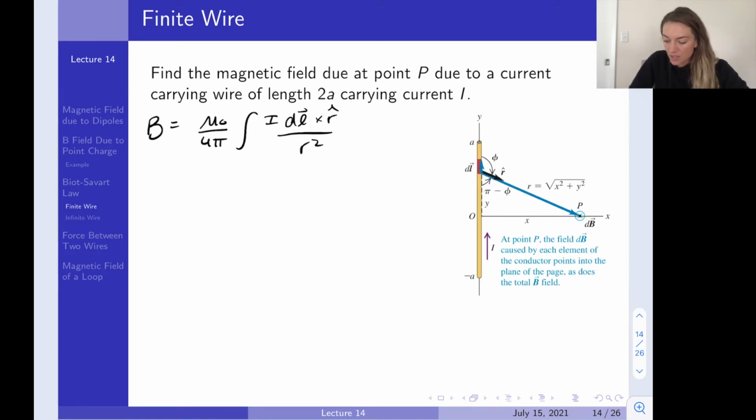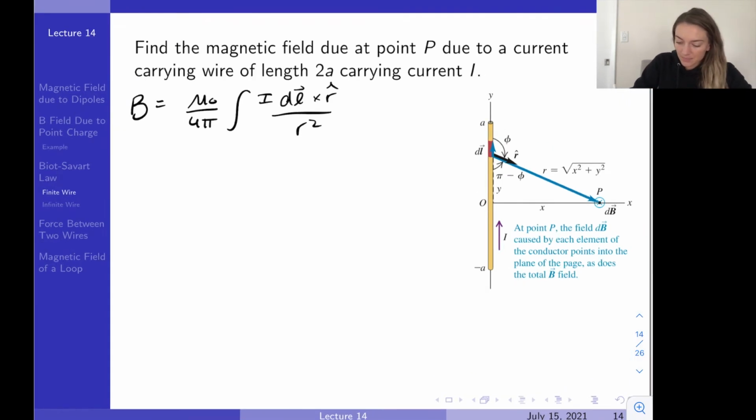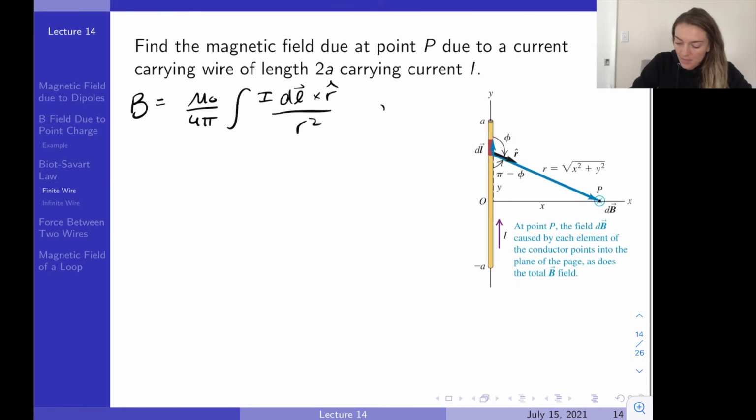So this distance is given by our x coordinate of point P and wherever we are along the wire, y. So r squared is just x squared plus y squared. And dl is also easy to find: since our current is along the y-axis, dl is just dy.